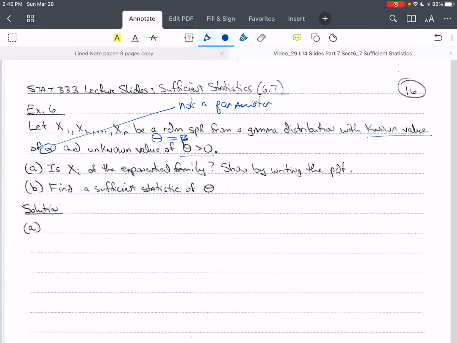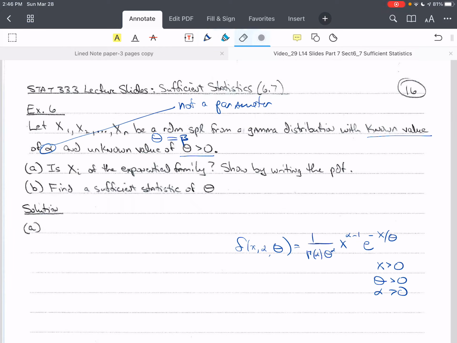Okay, our PDF we write as f of x given theta equals 1 over gamma of alpha times theta to the alpha, times x to the alpha minus 1, times e to the negative x over theta, where x is greater than 0, theta is greater than 0, alpha is greater than 0.